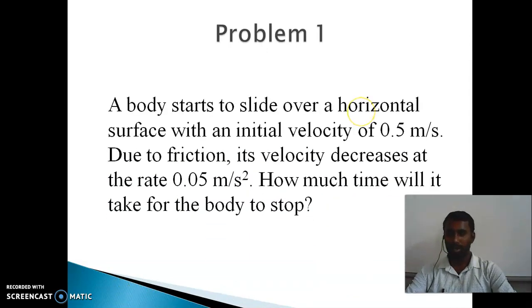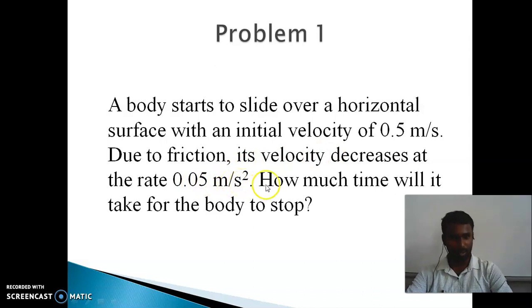A body starts to slide over a horizontal surface with an initial velocity of 0.5 meter per second. Due to friction, its velocity decreases at the rate of 0.05 meter per second square.